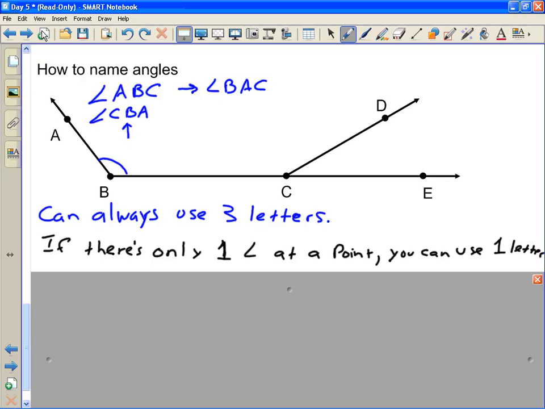For example, that would be B here. There's only one angle at B. There's only the blue angle. Like I said, we wouldn't talk about this angle here. So since there's only one angle there, I can just call it angle B.